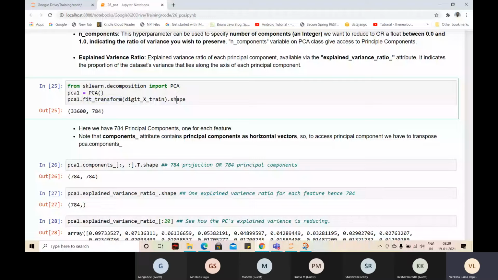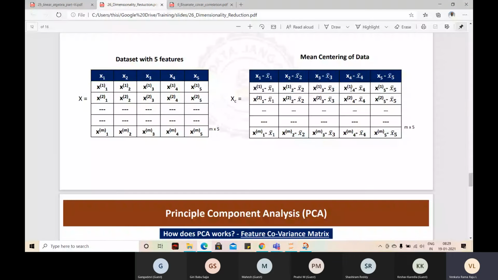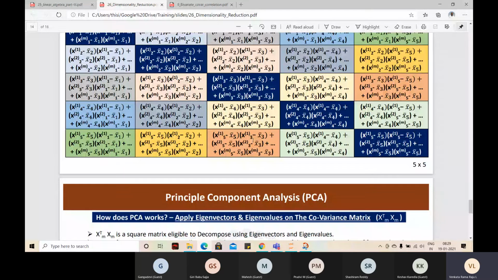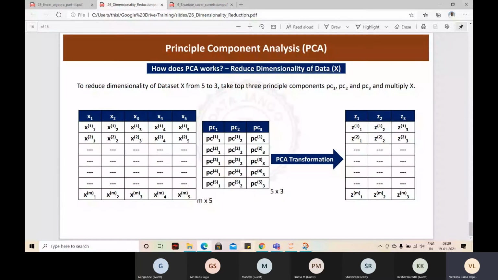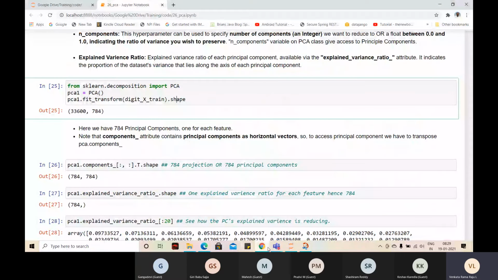I took X, centered it, found the covariance matrix, then found the eigenvectors, then multiplied those vectors with my data. I did fit_transform, and if you look at the result, it got the same number of rows and the same number of columns. Why?